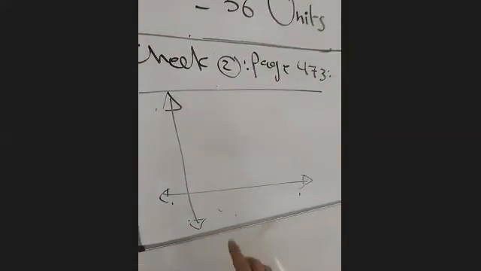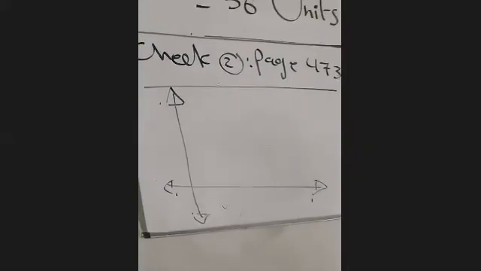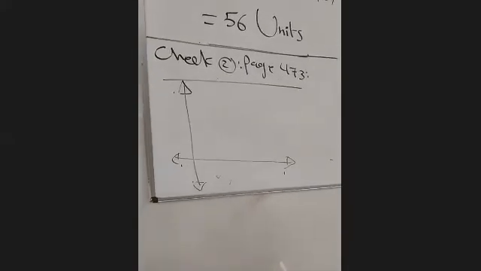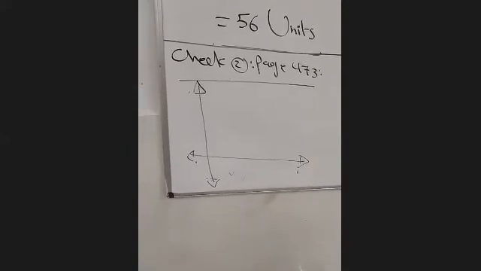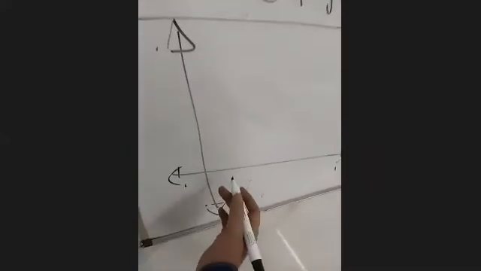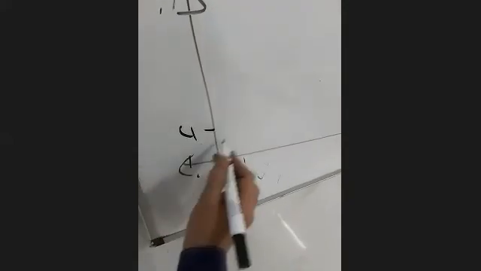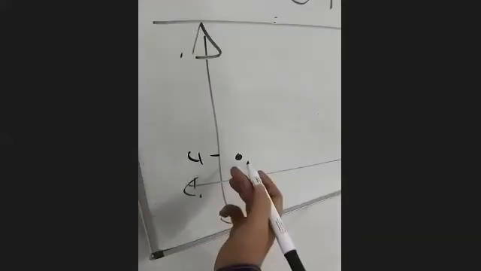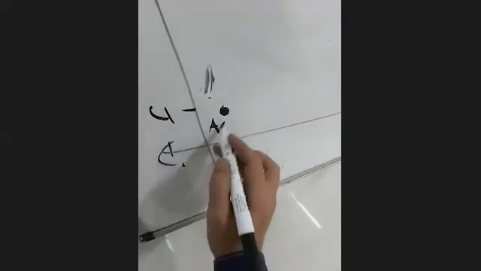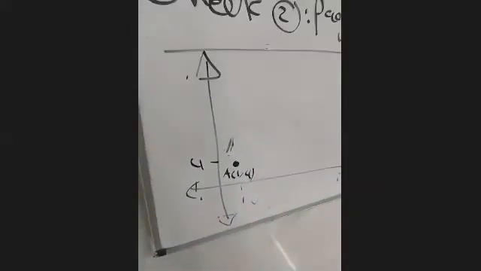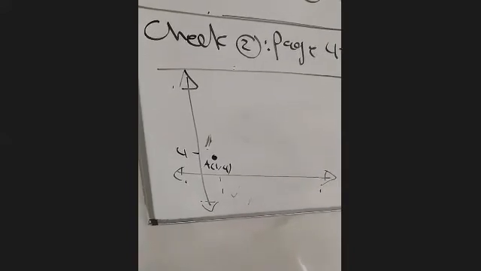What you will do, guys, is plot the points. What's the first point here, Yusuf? 1, 4. What's its name? A. So you go to 1 and 4, put your point here, and label it A, 1 and 4. Okay?